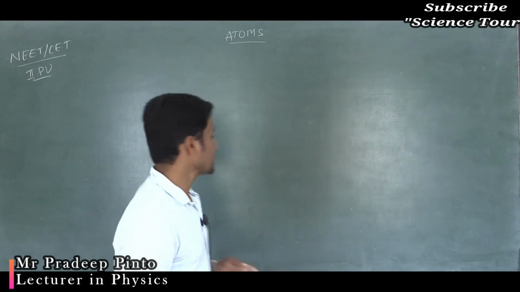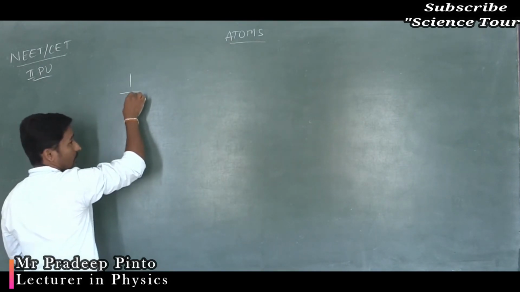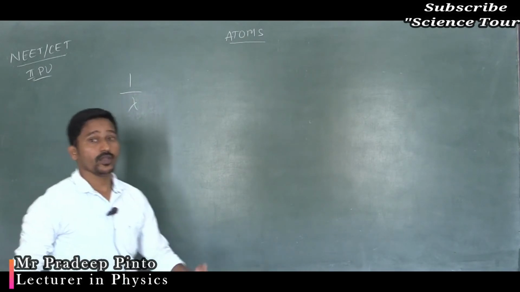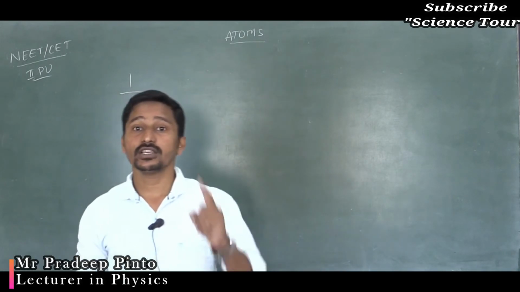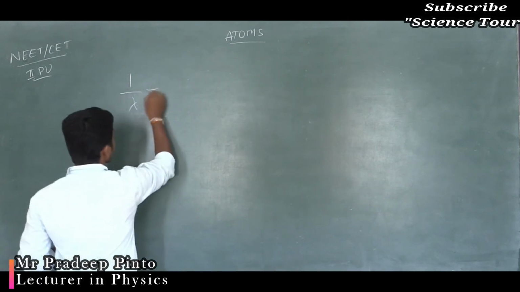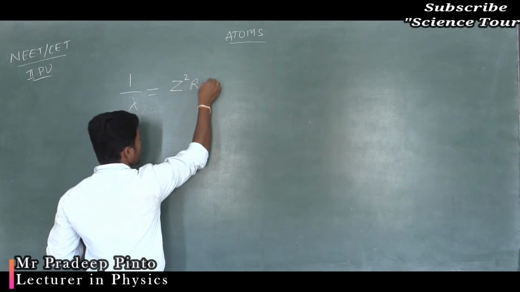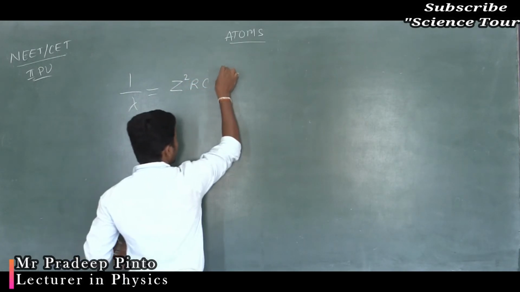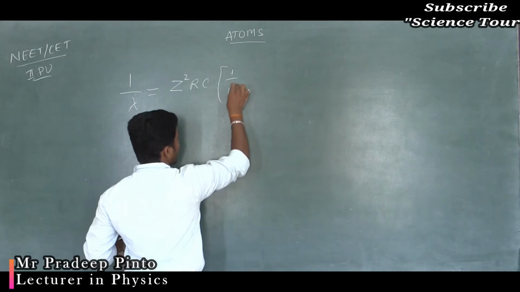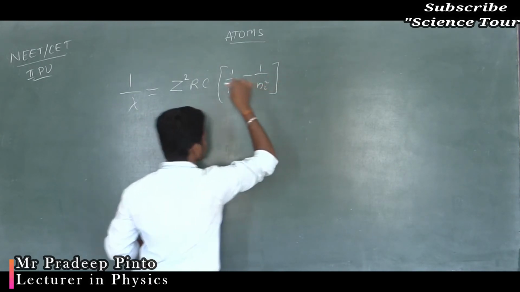What is that? That is nothing but 1 by lambda. This is nothing but the wave number. What do you mean by wave number? Wave number is nothing but the number of waves in 1 meter, which is equal to Z square R into 1 by n1 square minus 1 by n2 square.